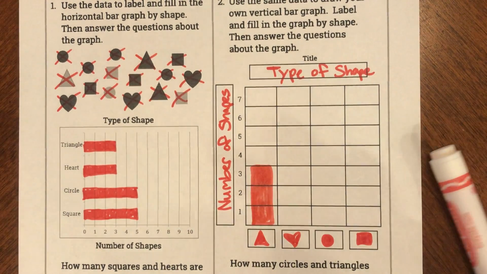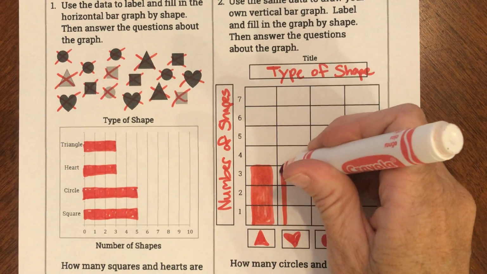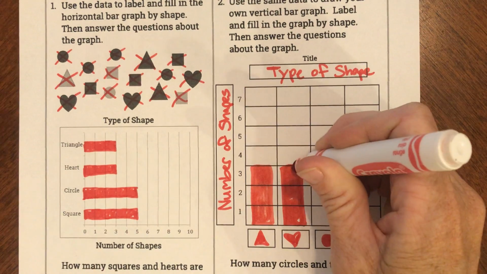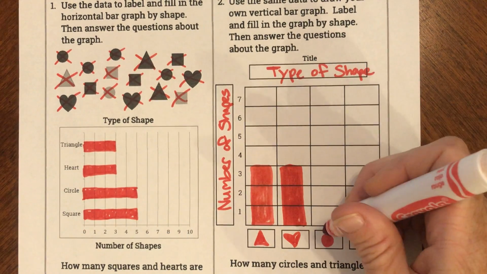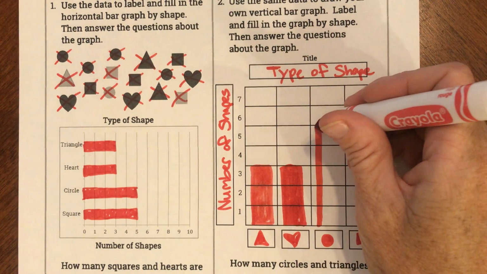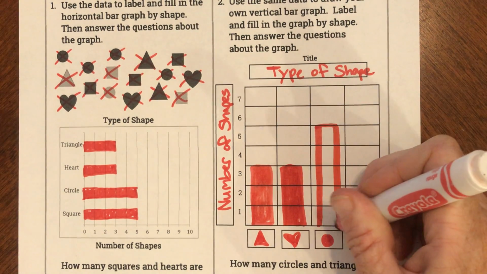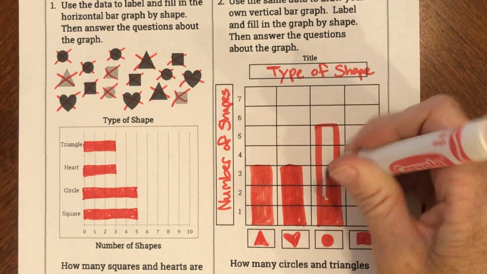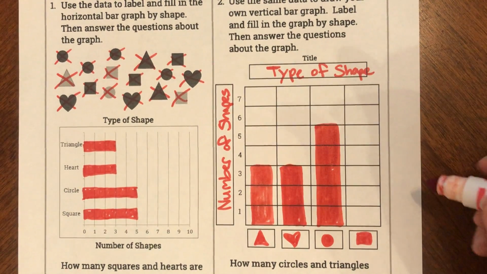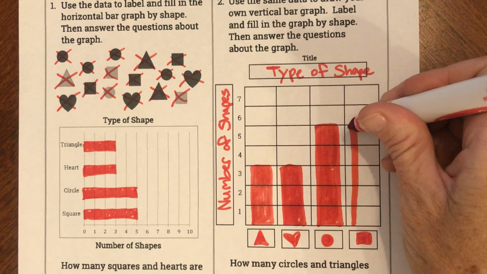For my heart, I also had 3. For my circle, I have 5. And for my square, I also had 5.